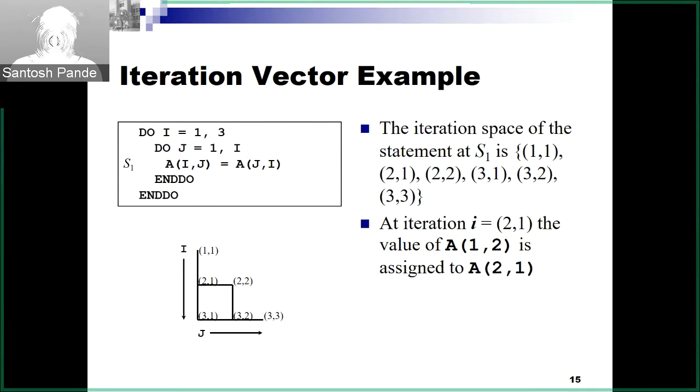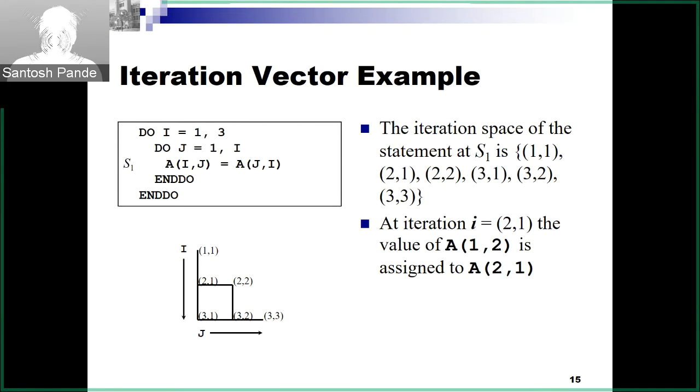What is the iteration space that is generated by this particular loop nest? What we had to do for that is find the sequence of the iteration vectors by following the loop semantics from outermost to innermost, and generate a set of those, and that's the iteration space.